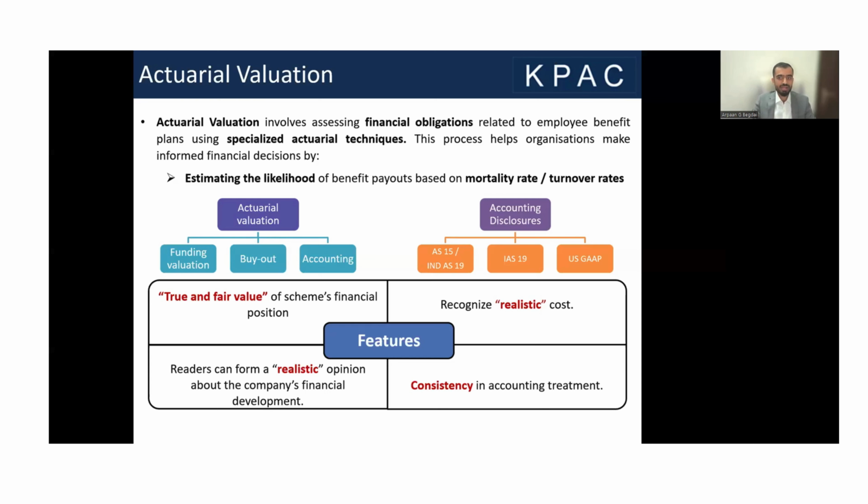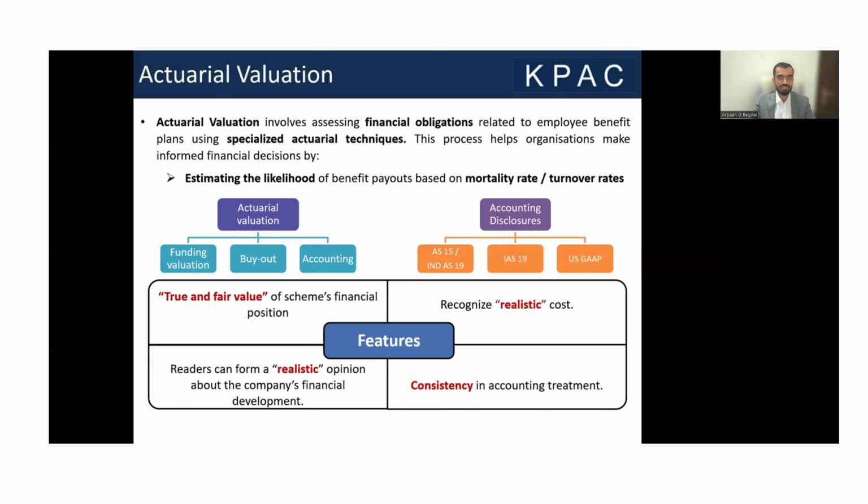Secondly, the accounting valuations are performed using assumptions which are unbiased, more of which we will discuss in some of the slides to follow. But what it precisely means is that the actuarial assumptions that are used in the valuation process are neither over-prudent nor under-prudent. What it means is that it helps to recognize the realistic cost.